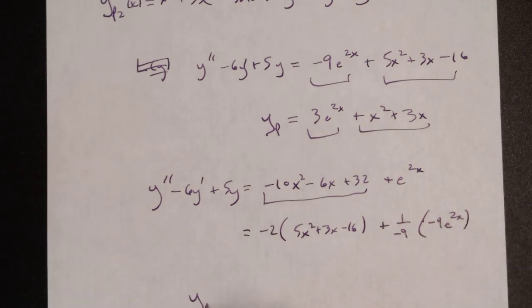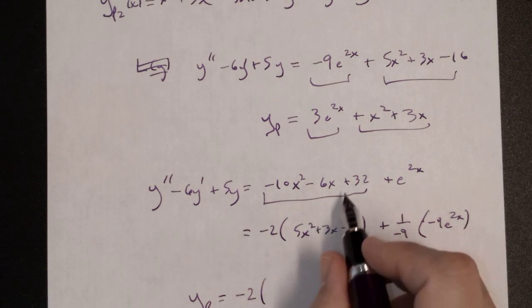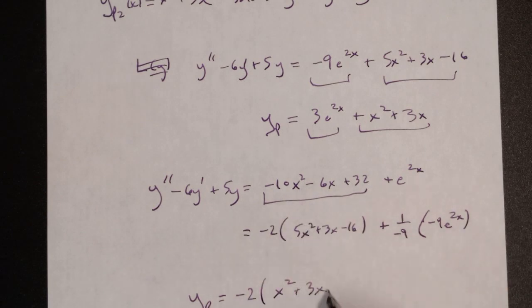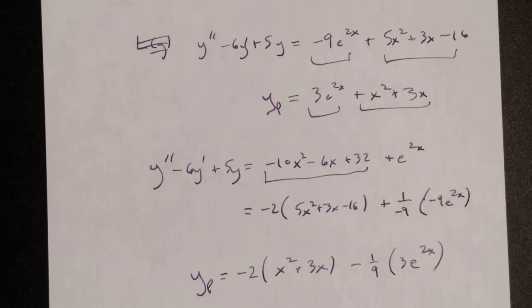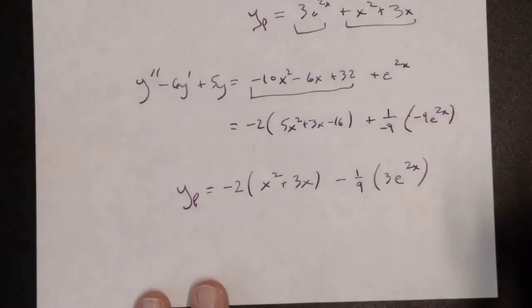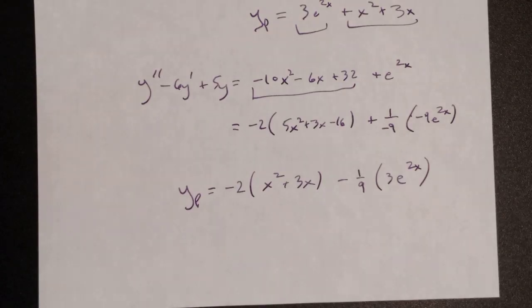So I know that the yp will be negative 2 times the yp for this part. And it will be negative 1/9 times the yp for this part. Those same coefficients carry through. The absolute key here is linear behavior. There's another example on page 129, example 11.